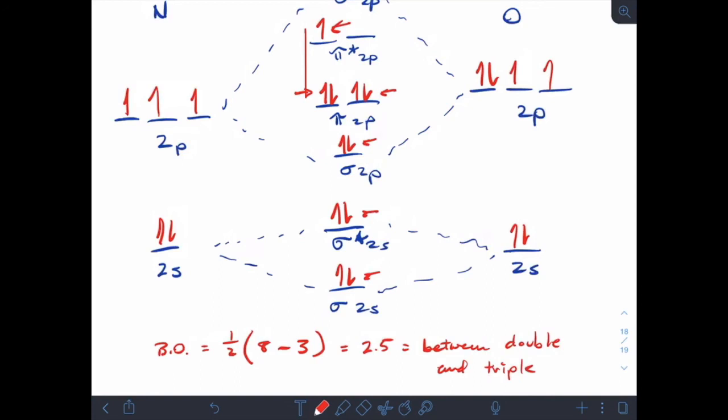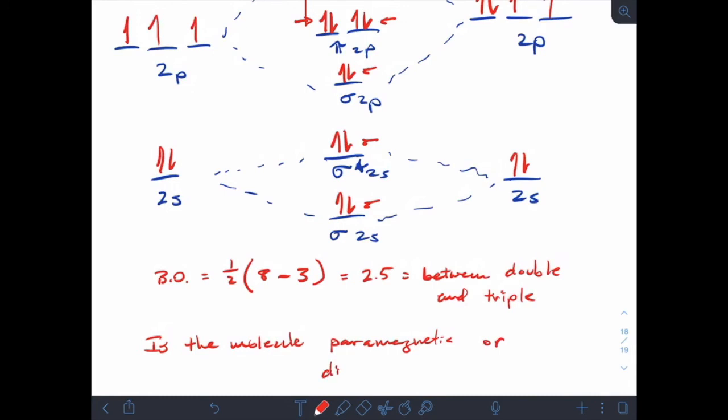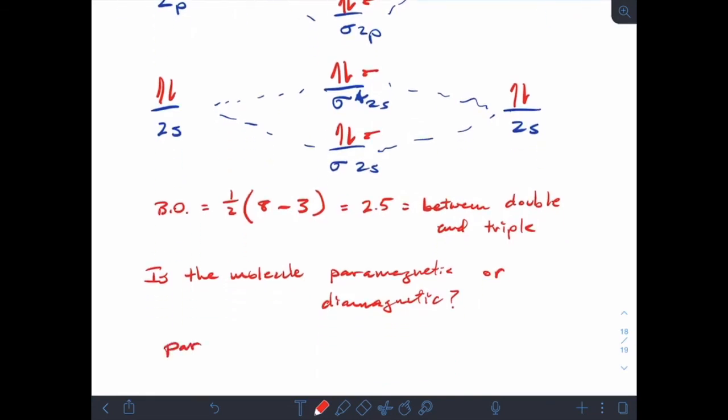Now, here's the last thing that I want to talk to you about. Is this molecule paramagnetic, or is it diamagnetic? Okay, so remember, para is unpaired, right?